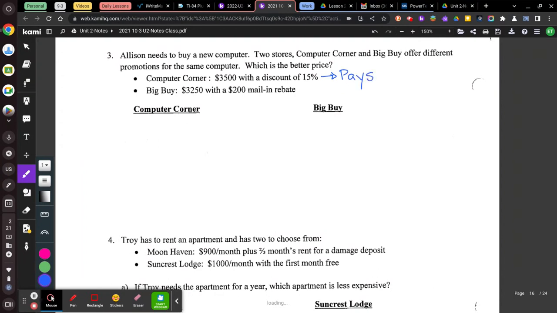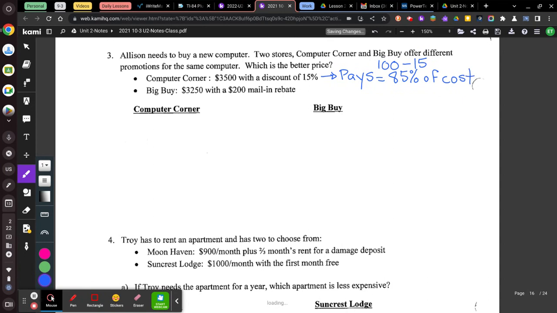If she gets reduced 15%, always start with 100, subtract your 15, and that means she's going to pay 85% of the cost. Okay? So she pays 85% of the cost. Okay? Again, that's if you want to do it that way, or you could find the 15% and subtract.